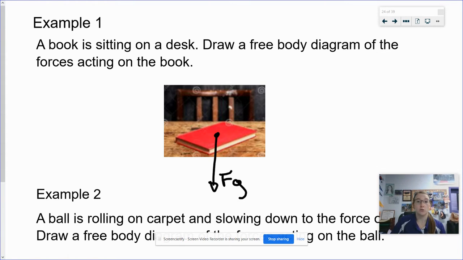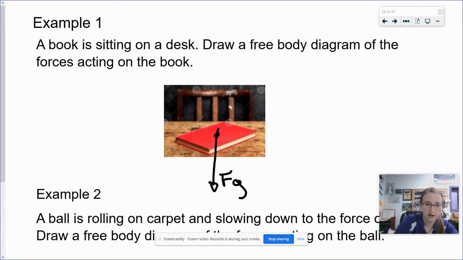So do not forget, on every single free body diagram, unless we happen to be in space, but very rarely do we have questions like that, force of gravity will always be there because gravity is always acting on us. However, hopefully you recall this from the force notes. If I had the force of gravity pulling down, we have a second force as well. Gravity pulls down, but what happens with the table is the table exerts an opposite but equal upward force called the normal force.